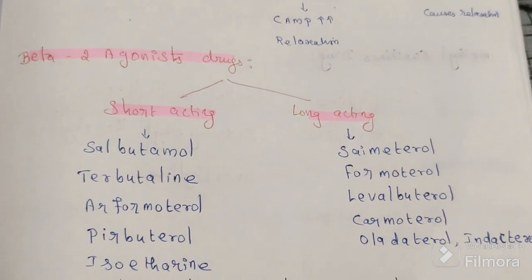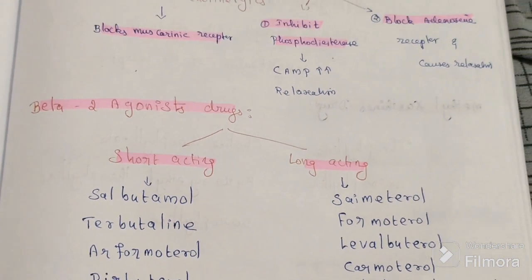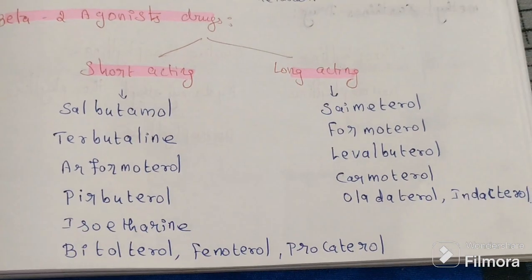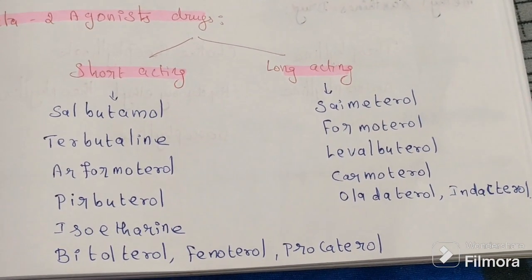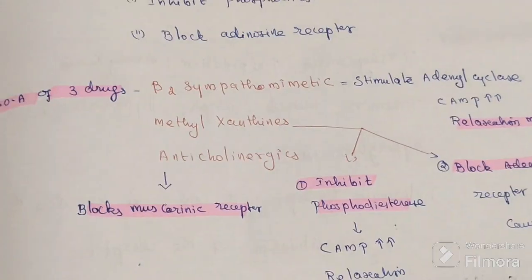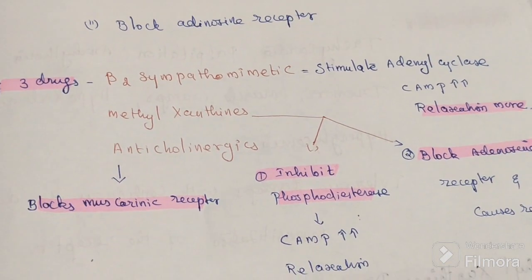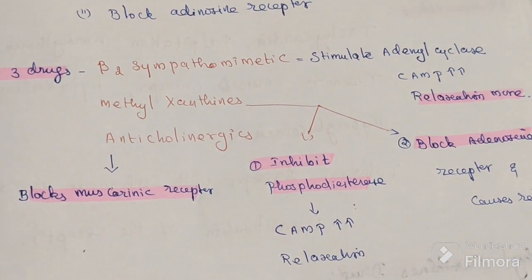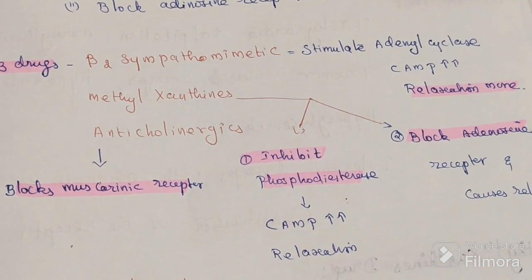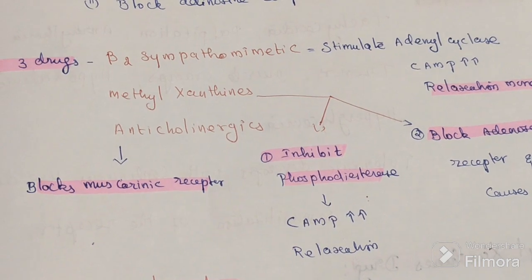For relaxation purposes, we are using three types of drugs. First one is beta 2 sympathomimetic, which has short acting and long acting. These are the drugs list. So for relaxation we use three types of drugs: beta sympathomimetic drugs, methyl xanthine, and anticholinergic drugs.